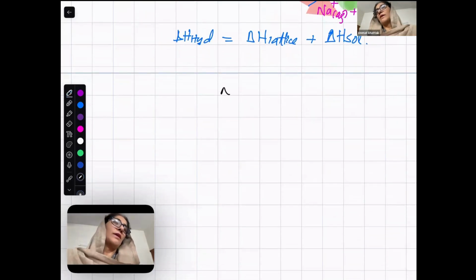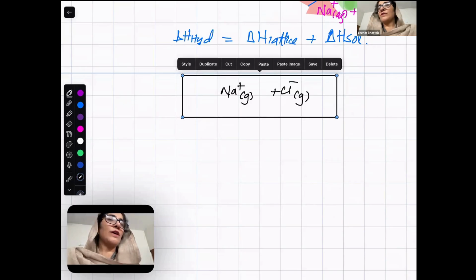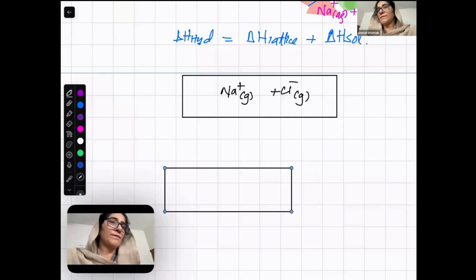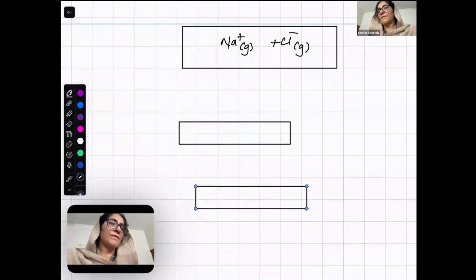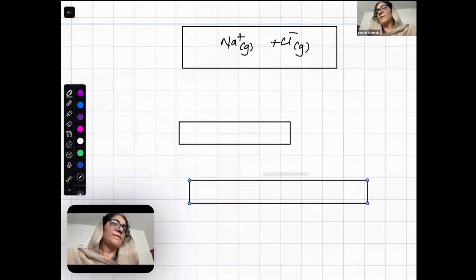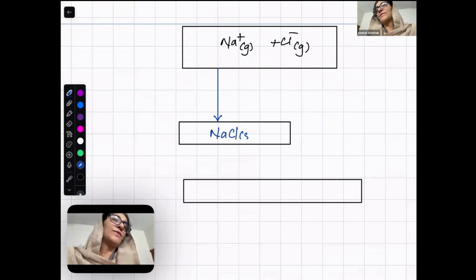Look, these are gaseous ions. From gaseous ions into solid NaCl, the enthalpy change measured when one mole of ionic lattice is made from gaseous ions is delta H lattice.